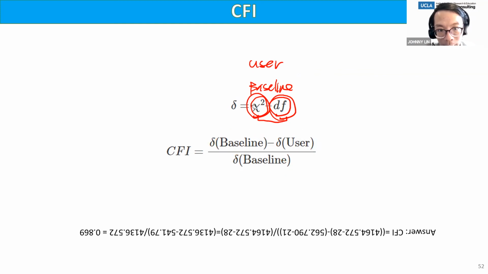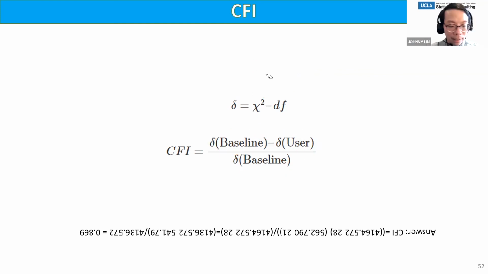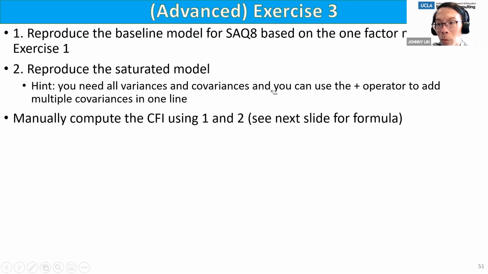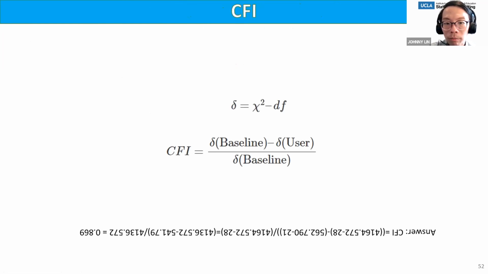You don't need the saturated, but I leave that as an exercise because I wanted you to understand what the saturated model is for an 8-item factor analysis. So this is for all 8 items, remember? If you want, I could leave this up, and you can also find this equation in the webpage. I give you a hint.